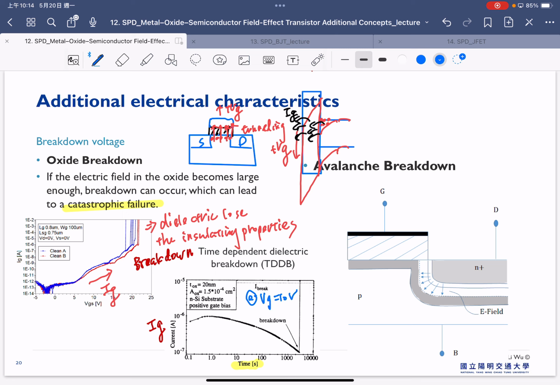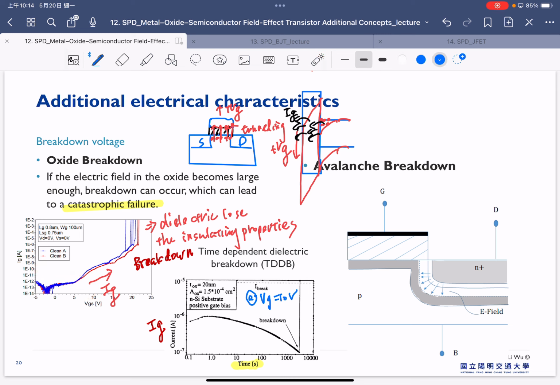If you look at this graph, at 10 volt our dielectric should still be good enough because the leakage current is very low. Here it is 10 to the minus 10. So ideally, bias at 10 volt should not give us a problem.